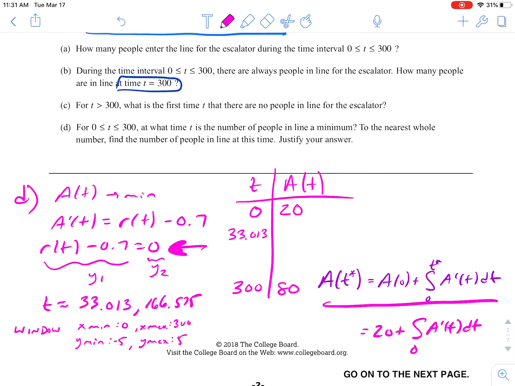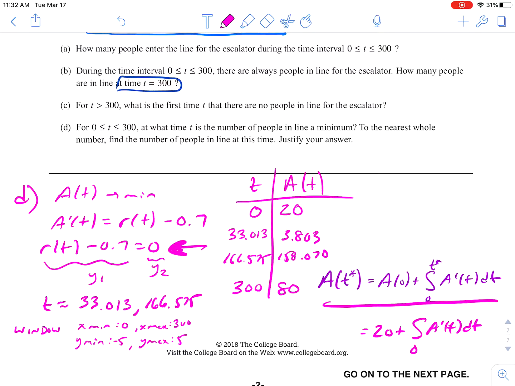These are the t values we're going to plug in as the bounds. And those are going to give us 3.803 and 158.070. Sorry for the confusion. Hopefully you hung in there till the end of the problem.